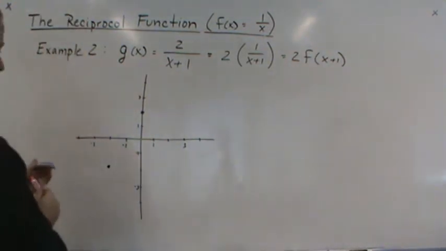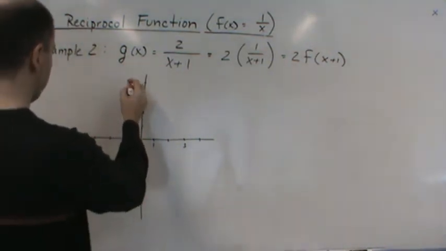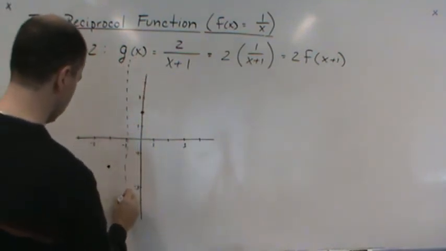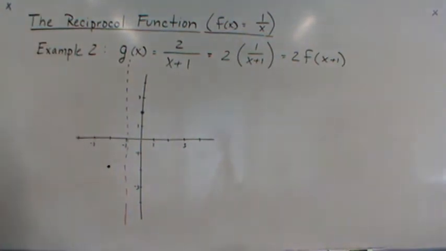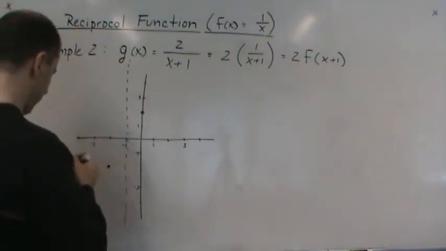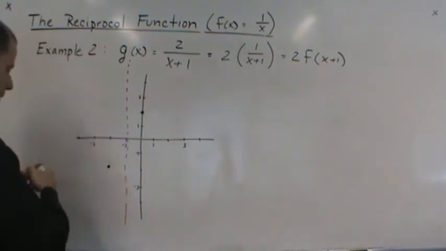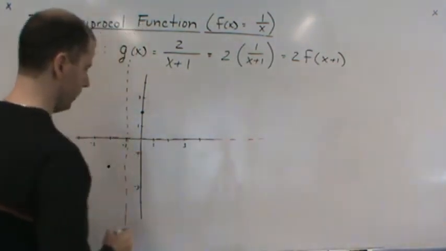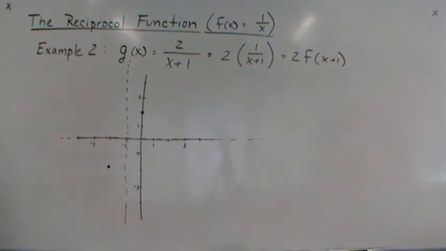And the vertical asymptote is also moving 1 unit to the left, and so it's going to go to x equals -1. And by the way, the horizontal asymptote is still the same, right? Still at y equals 0.